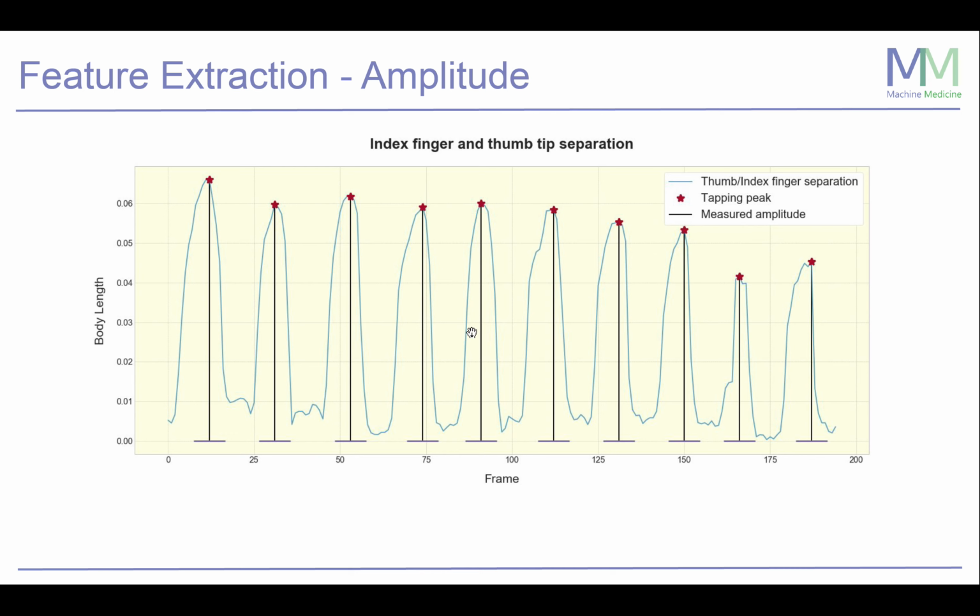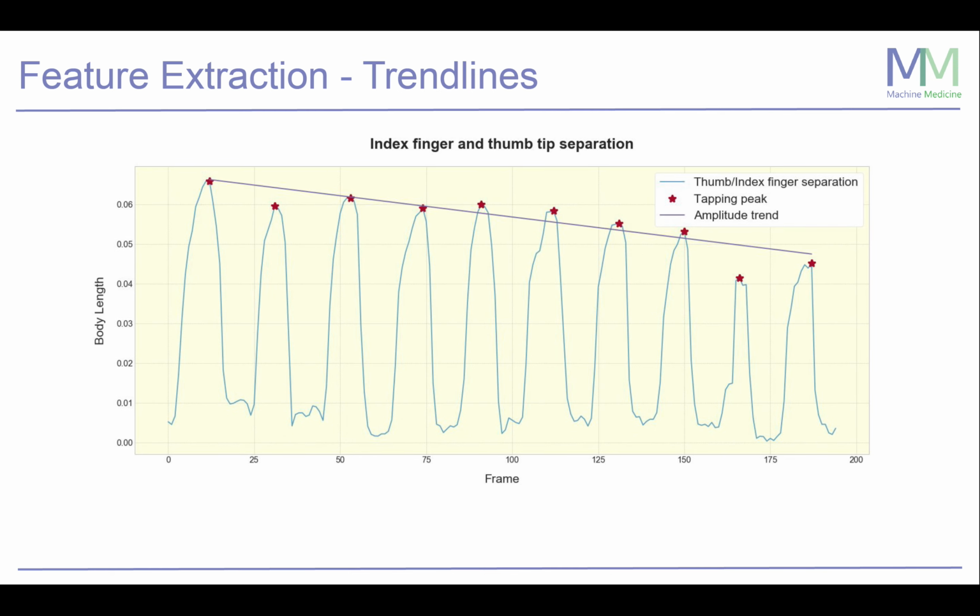But having estimated the amplitude and the frequency for individual finger taps, we can then start to do things like plot trend lines. So here we're just doing something very simple, a form of regression on those amplitudes, in order to get an estimate of the overall reduction in amplitude that we see during this activity.